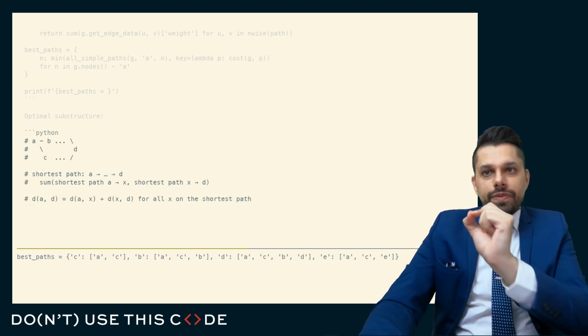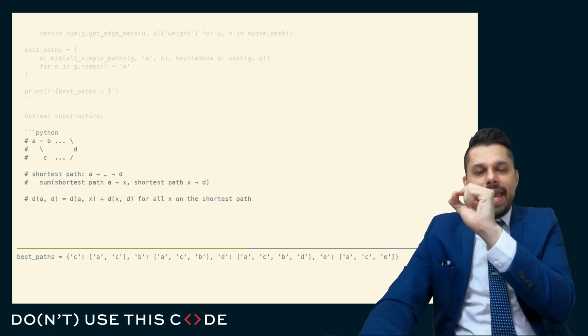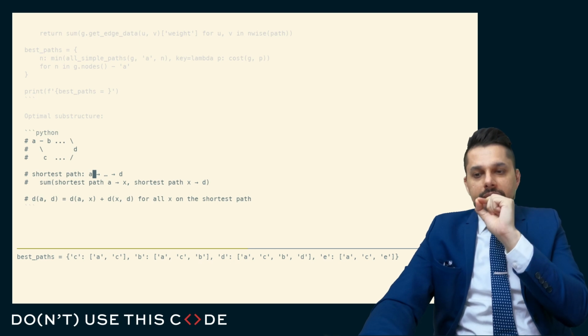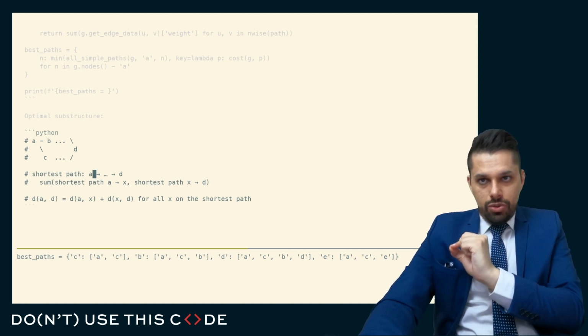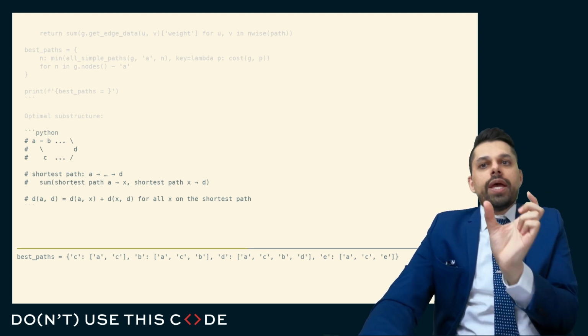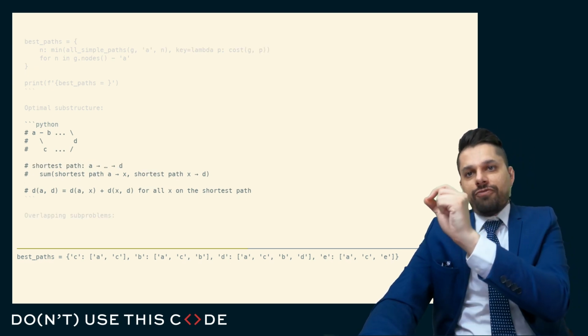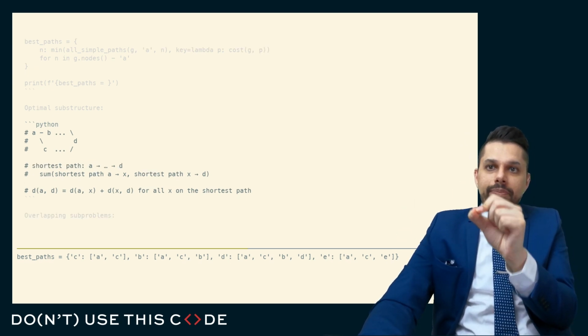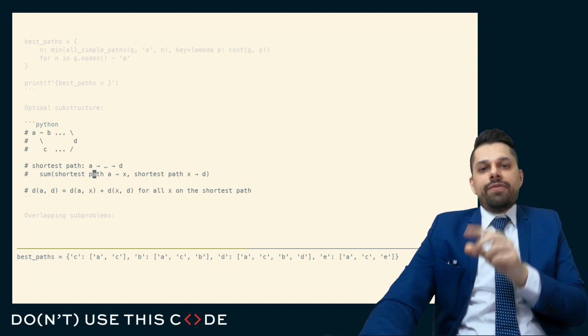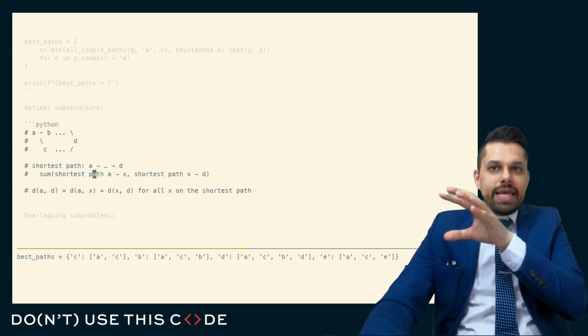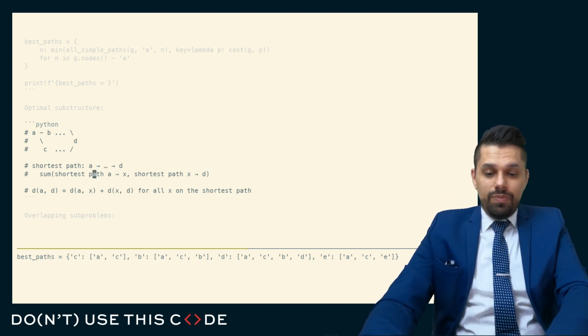I can say that the shortest possible path from A to D, if it transits through any other node, like a node X in the middle, then this shortest path must be the sum of the shortest path from A to that transit stop, and then from that transit stop to the end, from that layover to the next point, from A to X and then X to D. And I'll prove it to you.